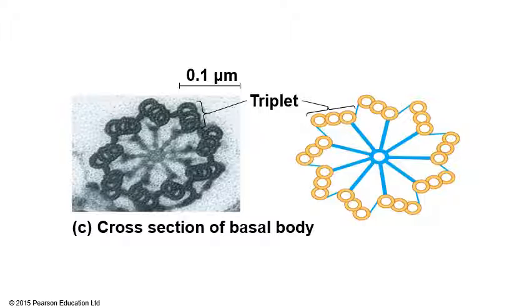So at the base of a flagellum and cilium, we can find the basal body, and we can find the same structure somewhere else: the centriole. The centriole's structure is exactly the same as the basal body.